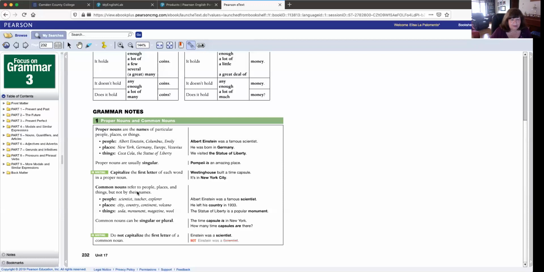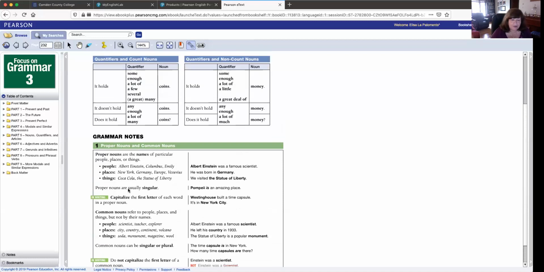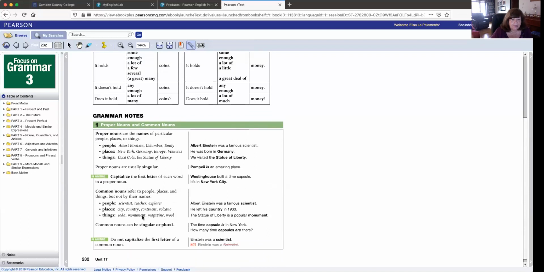Let's go to common nouns. So common nouns are nouns that can refer to anybody, people, places, things, but they're not by their name. So we can say, oh, that woman is my teacher. Woman is a common noun because we're not giving the name of the woman. If I said Professor Harris is my teacher, then Professor Harris would be a proper noun and would have capital letters because that is the name of the person.